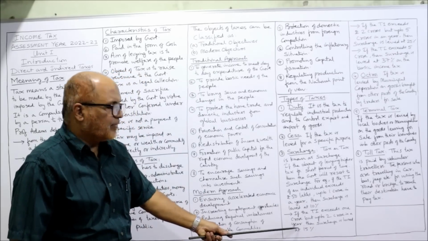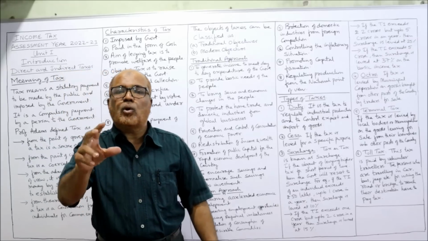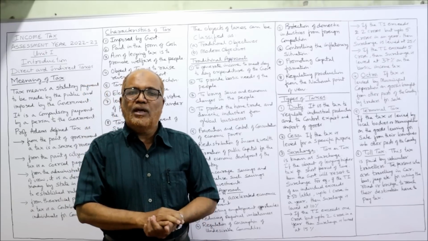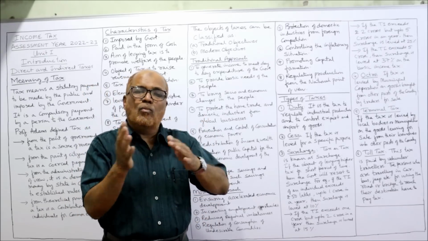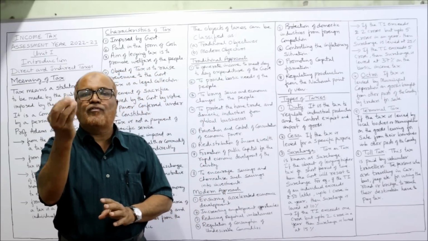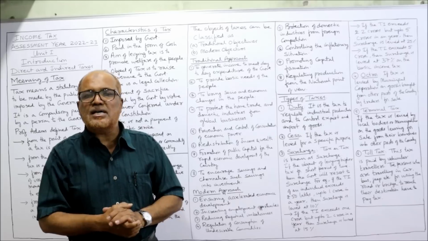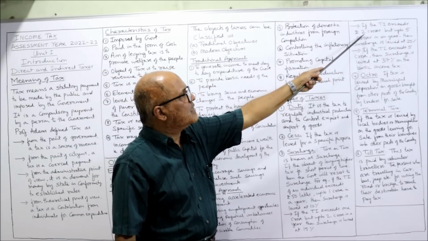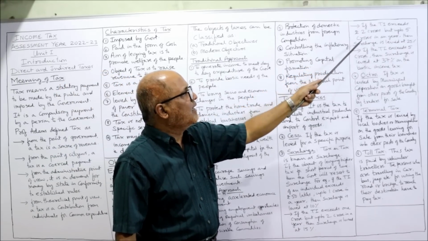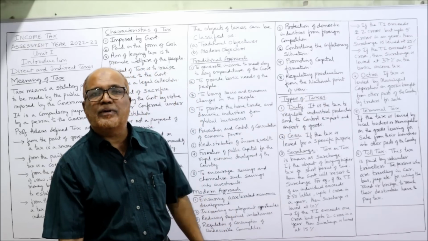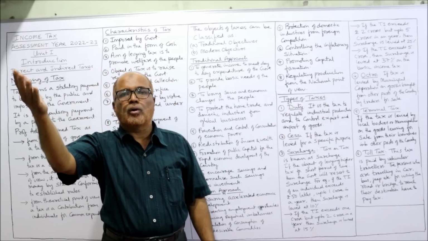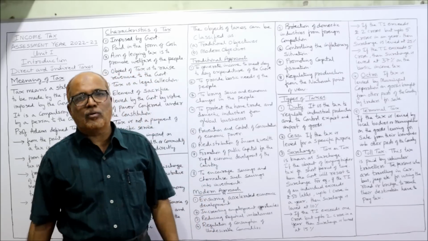If the income is more than 2 crore up to 5 crore, the surcharge rate is 25%. You can see here, if the total income exceeds 2 crore but is up to 5 crore in the year, the surcharge rate is 25%.